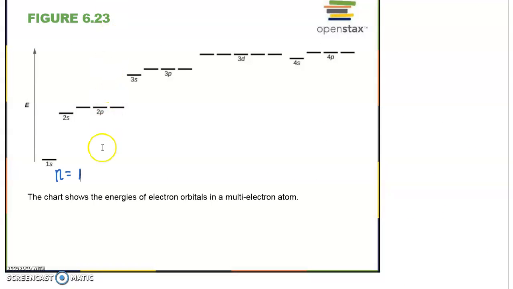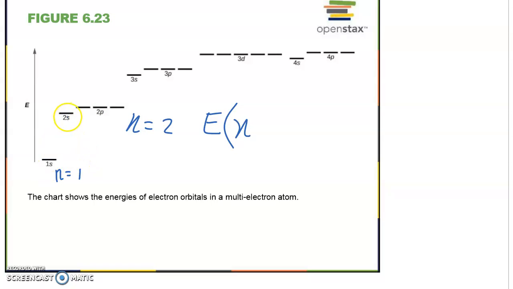When you come back to this one, let's look at this. When n equal to 1, n equal to 2, over here, when n equal to 2, what happened? It's not on the same line. See, 2s is lower than 2p. That means, you have to remember this, the energy depends on, the first thing, what principal level it is.